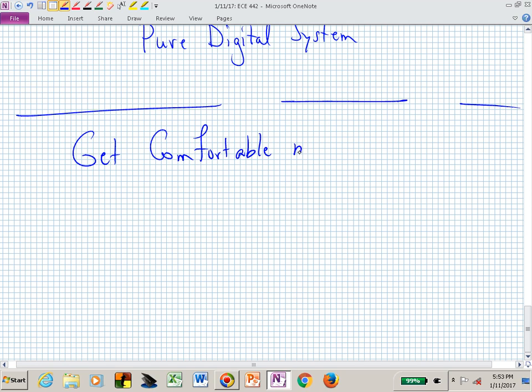Meaning, I'm sure that you all really enjoyed modeling or analyzing circuits in ECE 320. That's one way of coming up with a system.